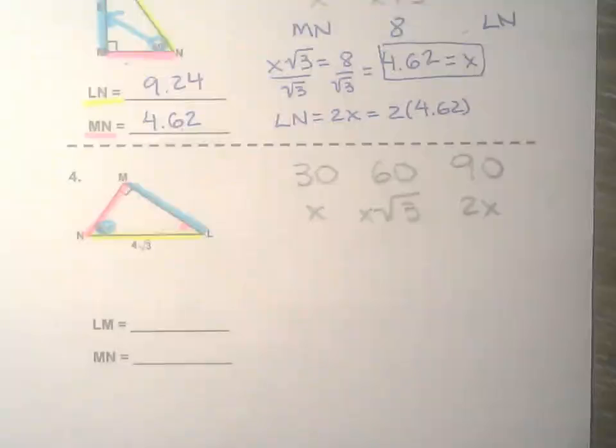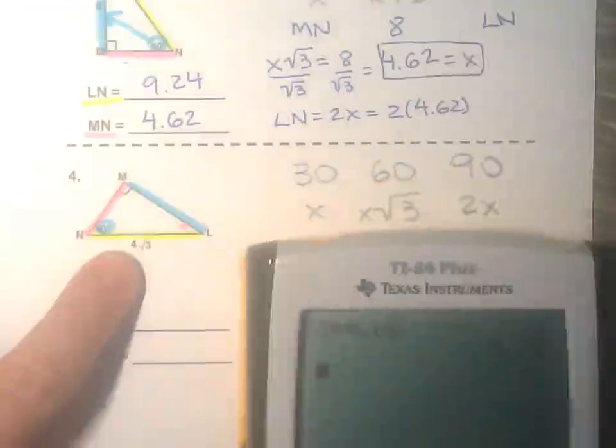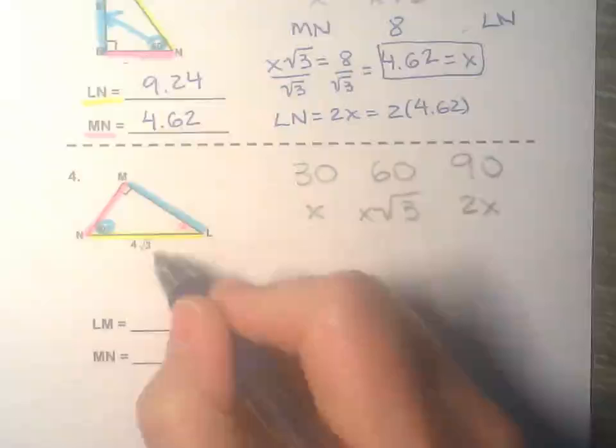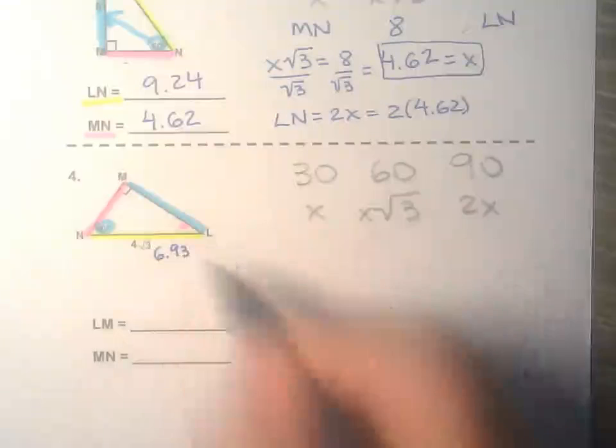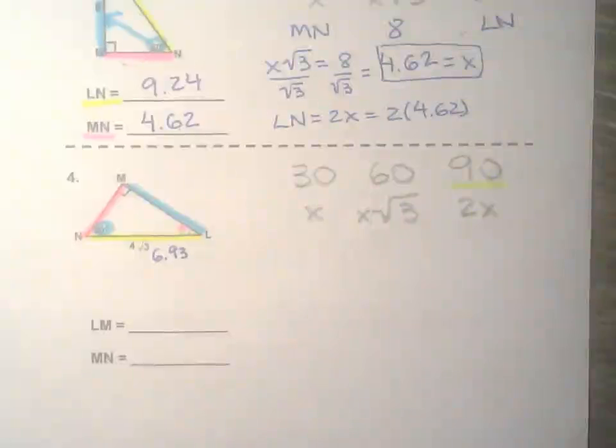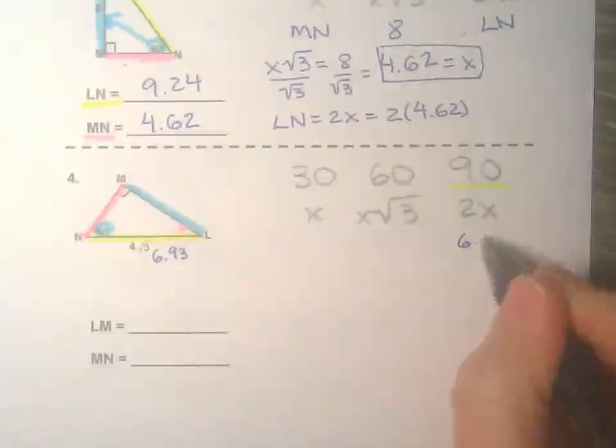Last one. Before we start, I'm just going to change this into a decimal. So 693. And that's the hypotenuse. They gave us the hypotenuse, 693.